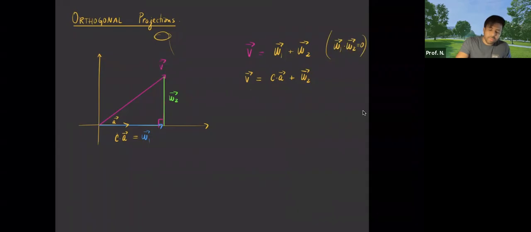Now, look what happens. I'm going to take the dot product of both sides with A. When I do that, what happens?